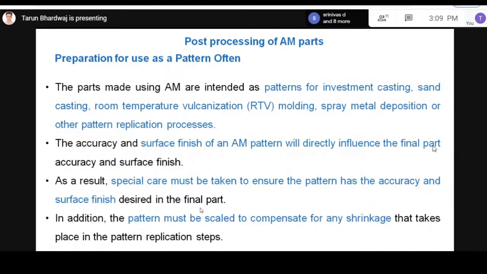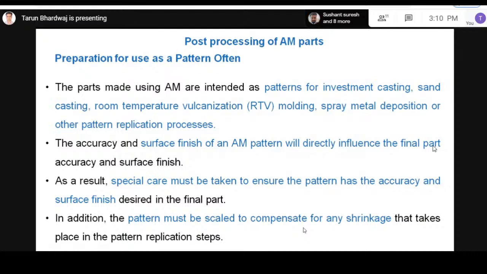As a result, special care must be taken to ensure the part has the accuracy and surface finish desired in the final part. If we do not get the surface finish, then we have to do some shot peening on the AM parts so that we get some surface finish in them. In addition, the part must be scaled to compensate for any shrinkage that takes place in the pattern replication steps.